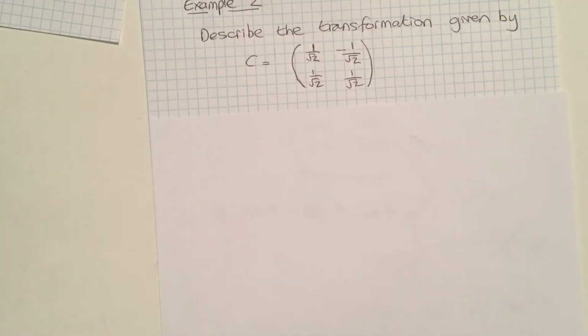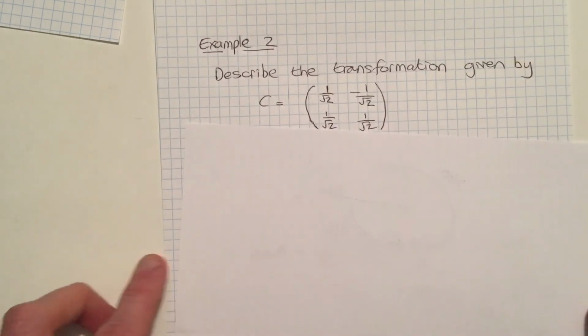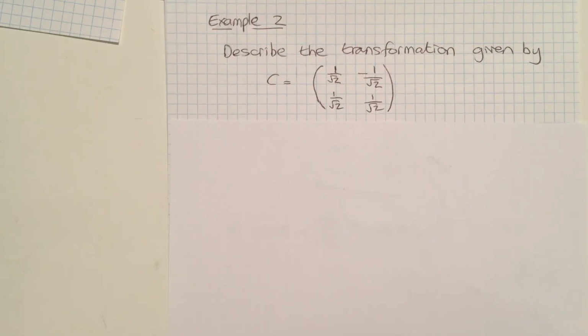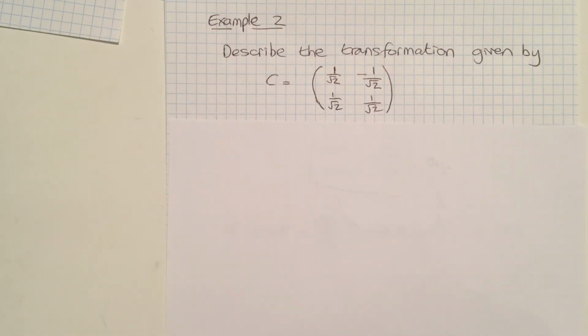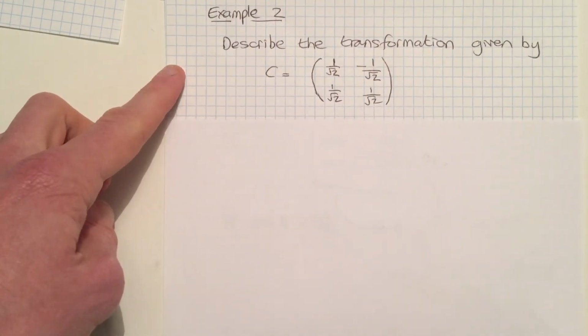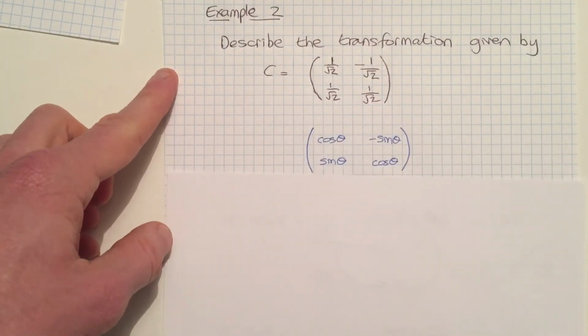Right, second example and last bit of the video. We need to describe the transformation given by that matrix. Now straight away, I don't think that looks like a reflection. That to me looks like a rotation. So I am going to compare that to the rotation formula.